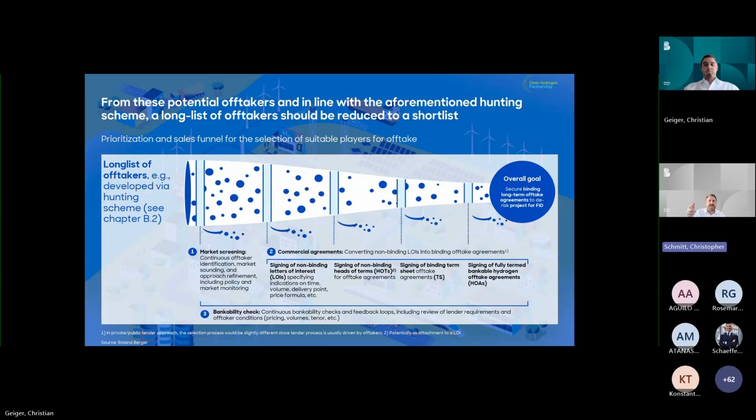And then it has to be basically an iterative process where you speak with the off-takers, you speak with the bank, you try to broker between the two, etc., and ultimately try to put together terms that are acceptable to both parties, or to all three parties, I should rather say. So that's the important thing here.